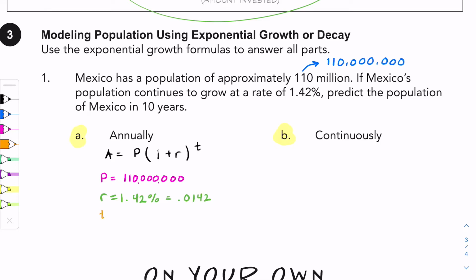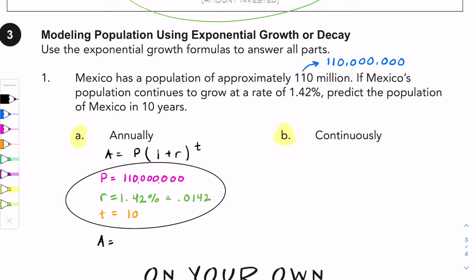And I know that the time I'm looking at is 10 years. When I substitute these values into the equation, I have A equals 110 million multiplied by 1 plus 0.0142 raised to the power of 10.